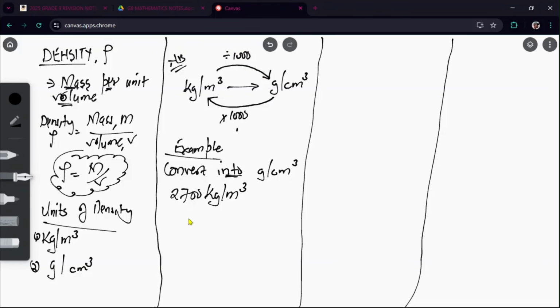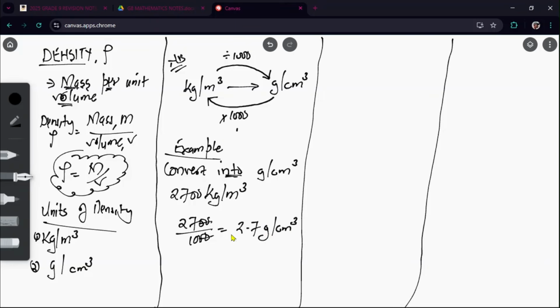So I'll come here and say this value, 2,700, I divide by 1000, and the two zeros will go with the two zeros, so that I remain with 27 all over 10. This is the same as 2.7. And now this one is grams per centimeters cubed.